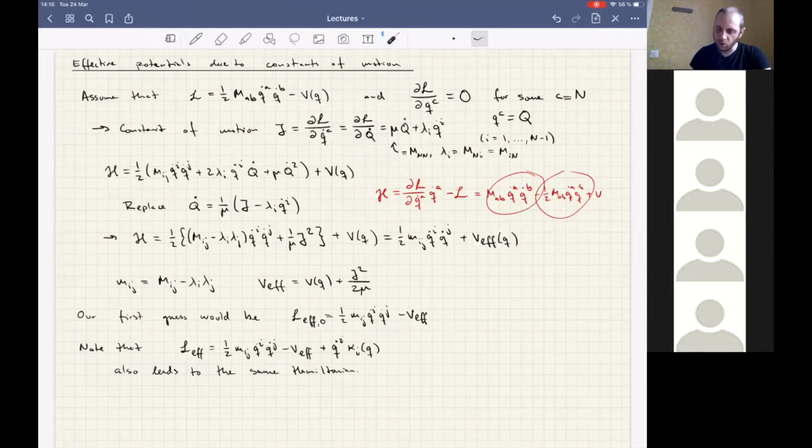And we also know that if we take this effective Lagrangian, or this family of effective Lagrangians with kappa being arbitrary functions of q, then this is going to lead to the same Hamiltonian being conserved. So our goal now is to find out what choice we should make for these kappas in such a way that we reproduce the original equations of motion.